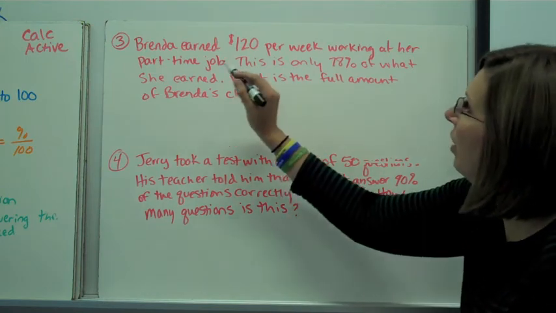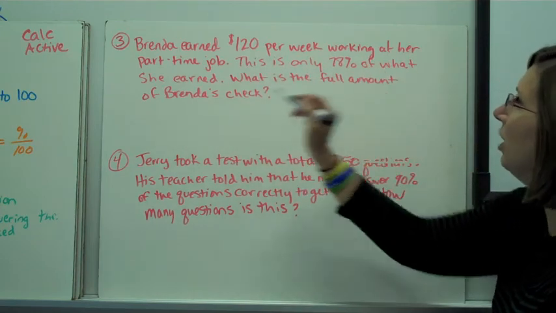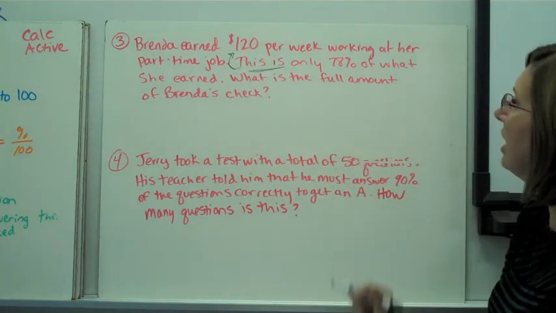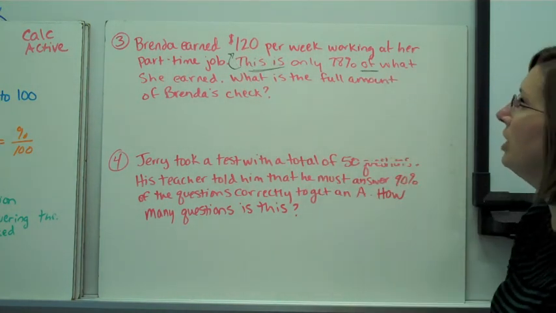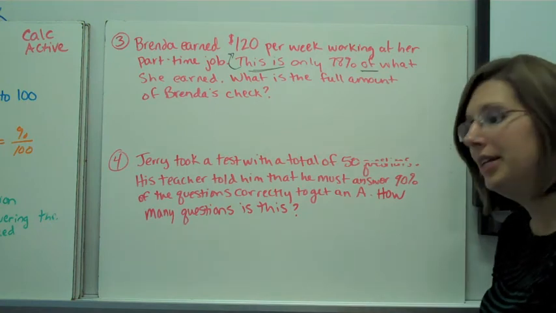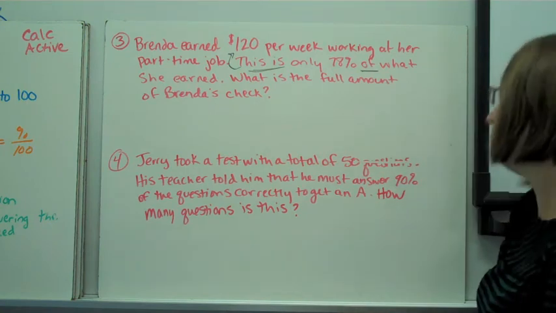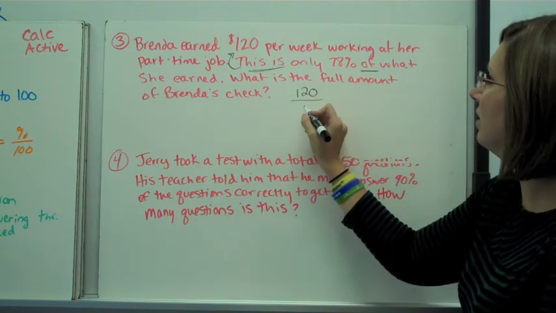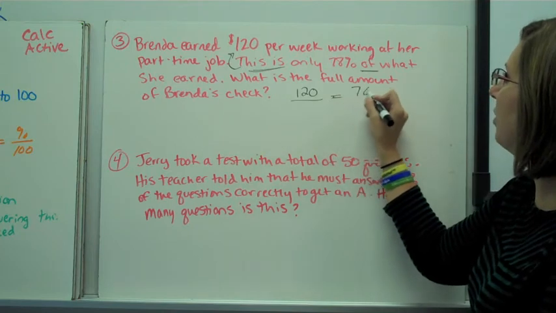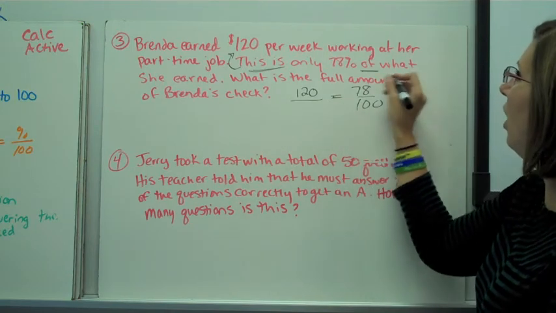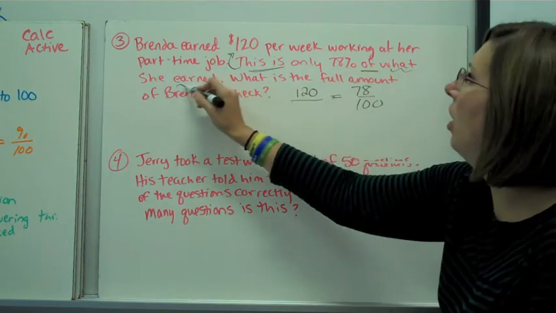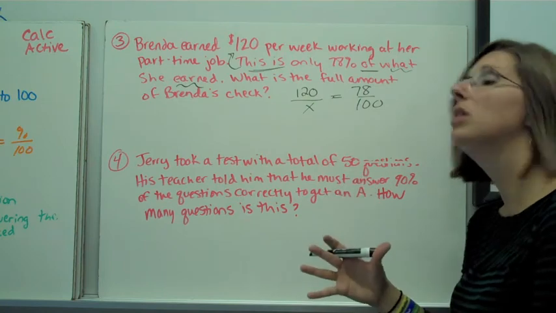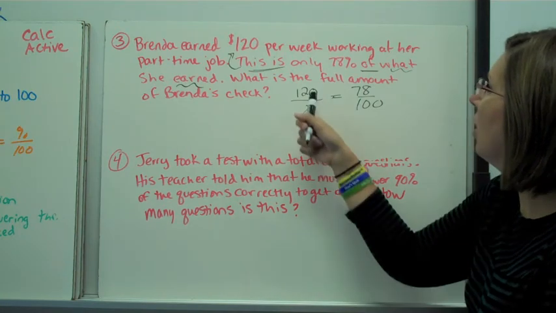Number 3, Brenda earned $120 per week working at her part-time job. This is only 78% of what she earned. What's the full amount of Brenda's check? I'm going to set up her proportion here. $120 is 78% of what she earned. We want to know what she earned. We want to know that full amount. Okay? So I've got this set up.